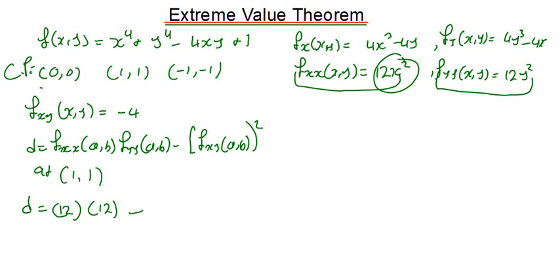Here, minus, we already have a 4 squared, that is 16. So what are we going to get? 12 times 12 is 144, minus 16 gives us 128, and this value is greater than 0. But are we going to conclude that this is a relative min or relative max? Not just yet. We have to determine what the value of f_xx, the second partial with respect to x, at 1 comma 1 is. You get that this value is nothing but 12.